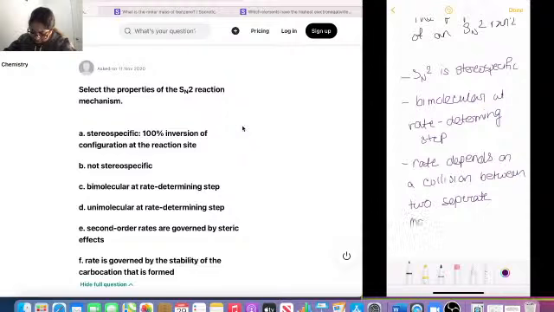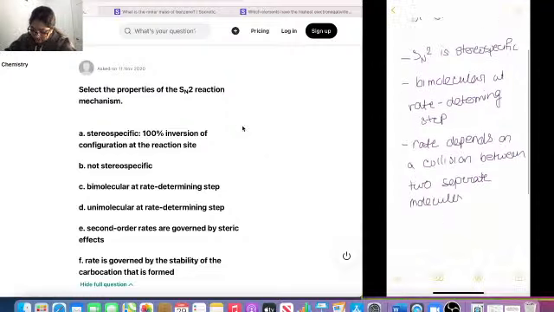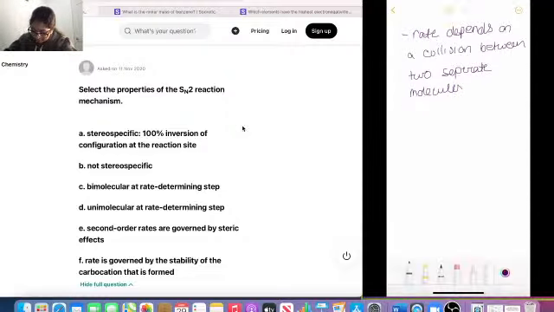What we're dealing with here are our nucleophile and the electrophiles.